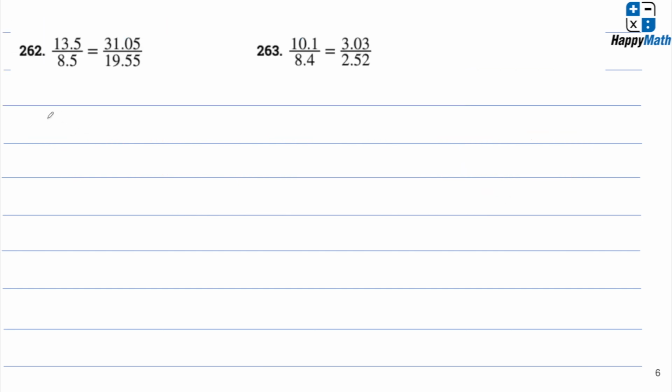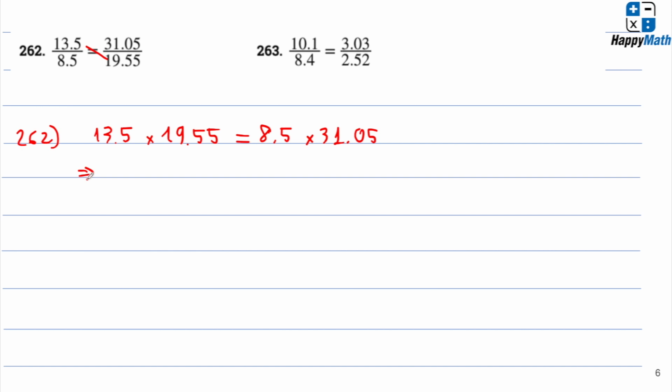And the last two questions, 262, cross line. How about this one? 13.5 multiply 19.55 and 8.5 compared to 31.05. What is the result for the left-hand side?